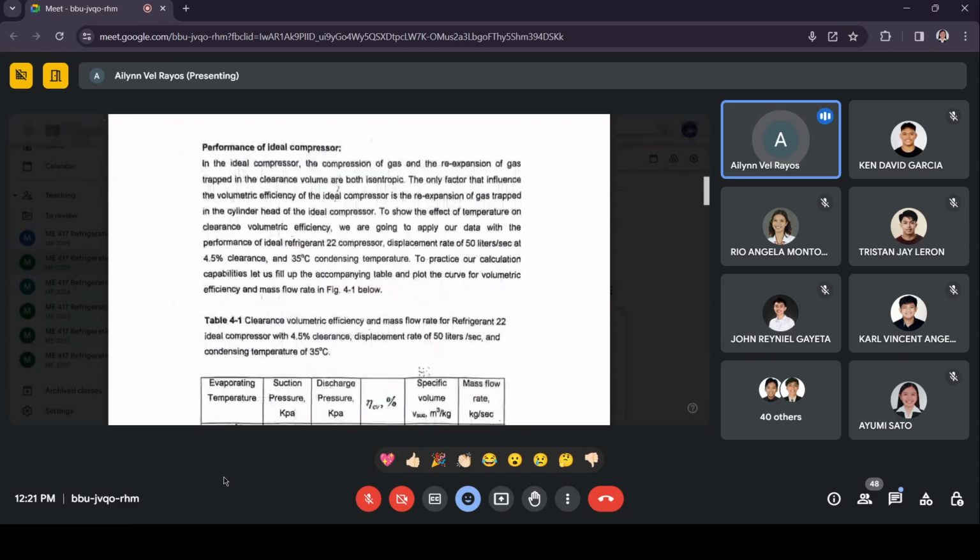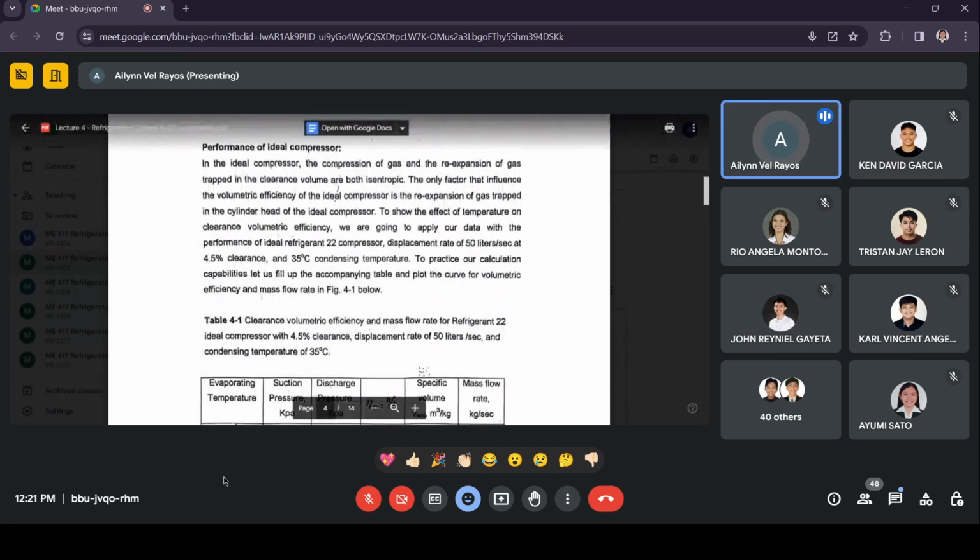So here is an example performance of an ideal compressor. In the ideal compressor, the compression of gas and the expansion of gas trapped in the clearance volume are both isentropic. So the only factor that influences the volumetric efficiency of the ideal compressor is the expansion of gas trapped in the cylinder head.